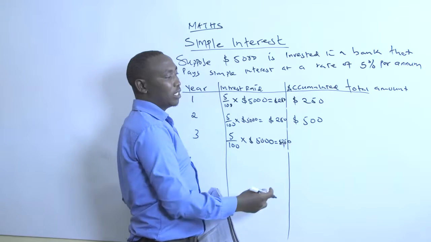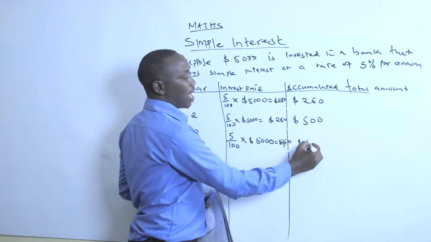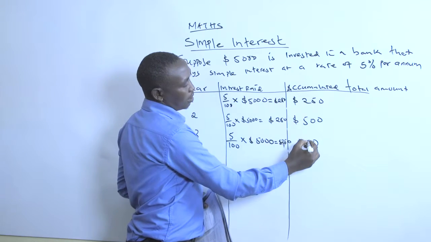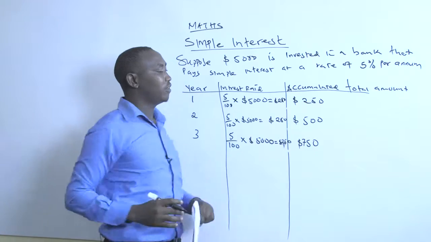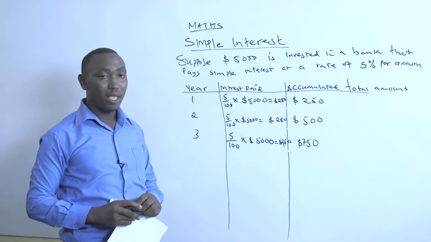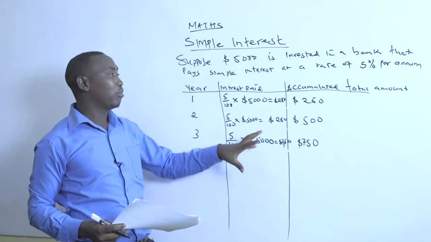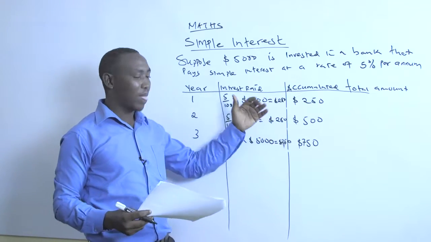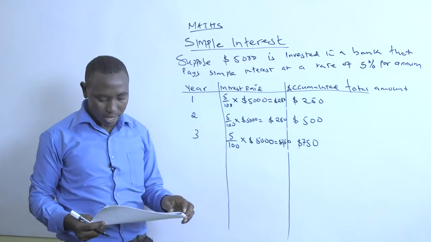When you accumulate or accrue the total, we are going to have 250 plus 500 gives us a total of 750 US dollars. The process continues, and you can get the accumulated interest at the end of each year.